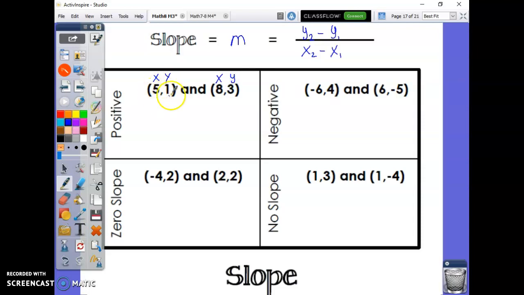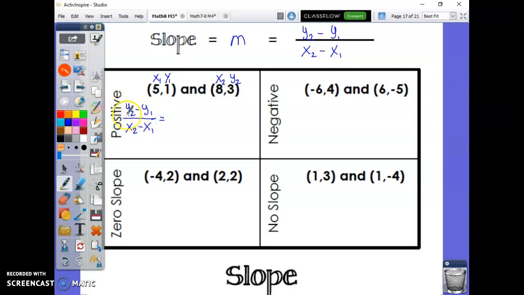Now we have the first point and the second point. So this is my x1 and y1, and this is my x2 and y2. Now we can plug these numbers into our formula: y2 minus y1 over x2 minus x1.